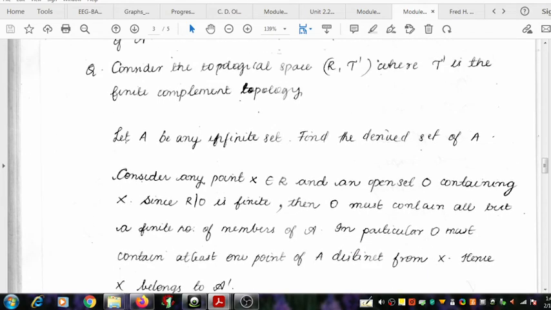The question is: let A be a given infinite set, then find its derived set.